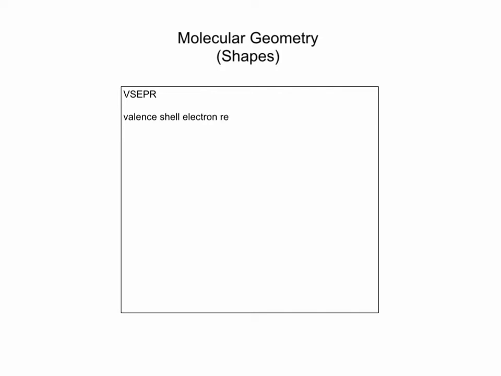What VSEPR stands for is valence shell electron repulsion. And although it has a long name, VSEPR is actually a very simple idea.